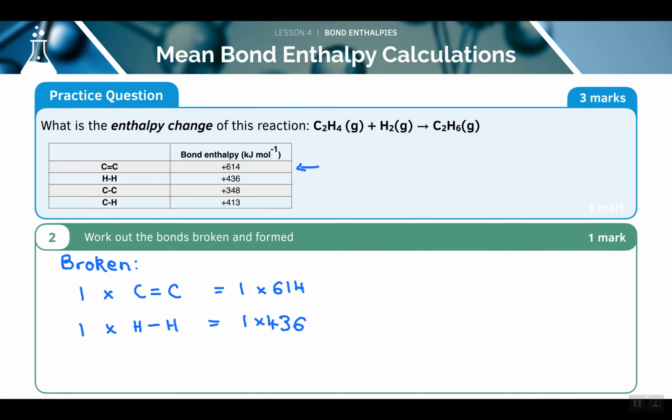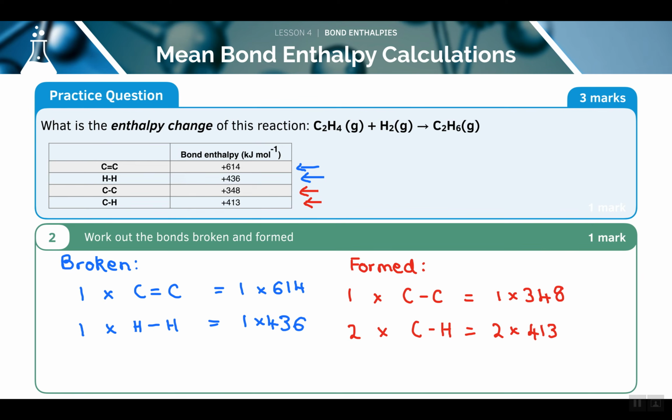These values are found here. The bonds that are formed are going to be 1 C bond and 2 CH bonds. These values again are shown in the table.